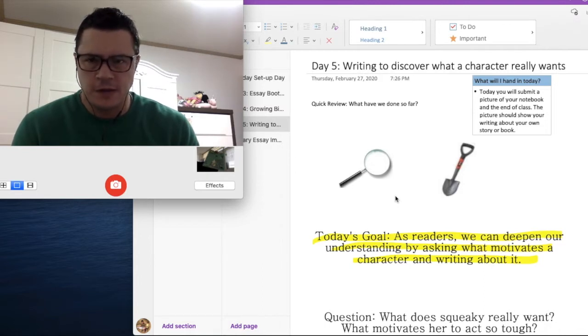So just to remind you, today what you will submit is a picture of your notebook page. In the assignment today, you'll see that there's an example. You'll also see my example here in the mini lesson, but there's another student example in the Google assignment. So you can use that for your reference.